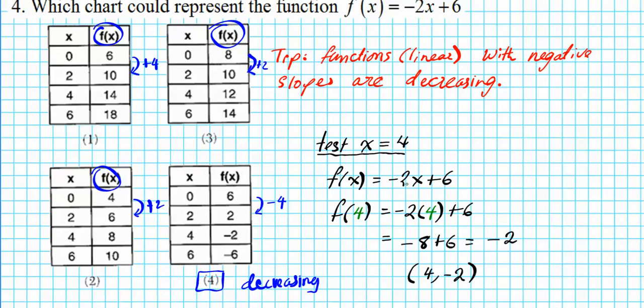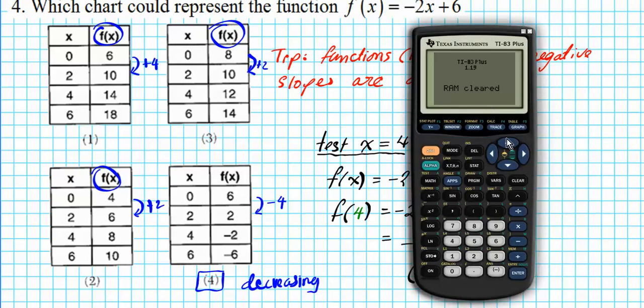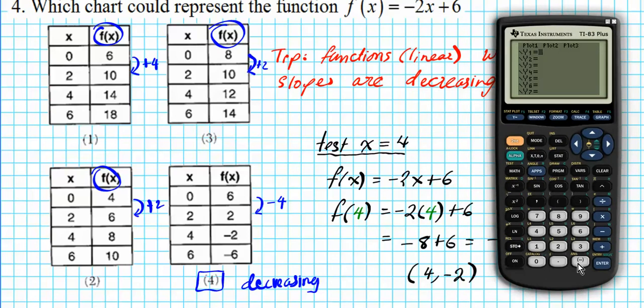Another way you can do it is by using your calculators. Just use it to generate input-output tables. So let me show you how to do that if you don't want to do anything by hand. So go to your Y window, enter the function negative 2x plus 6. Now this is the deal. We're going to be going to the table, but we want to tell the table what to compute.